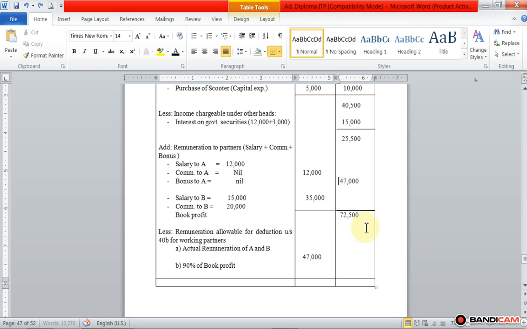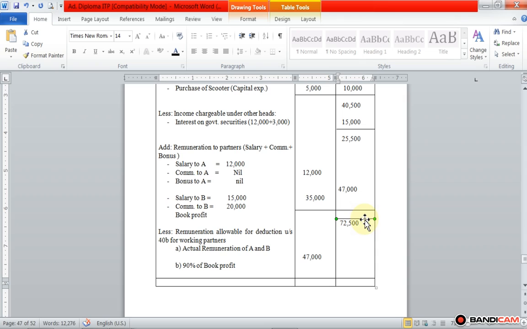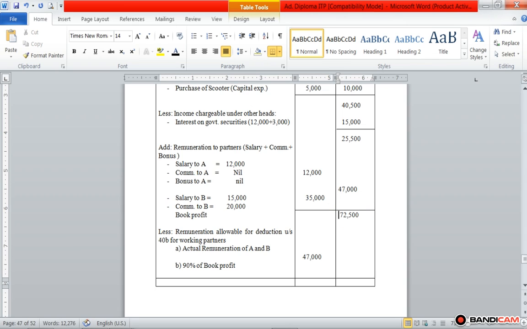Okay, so no change in amount. Okay, so only change in the expenses. So we follow the format. First of all, add disallowed expenses, then less income chargeable under other heads, and then add remuneration.